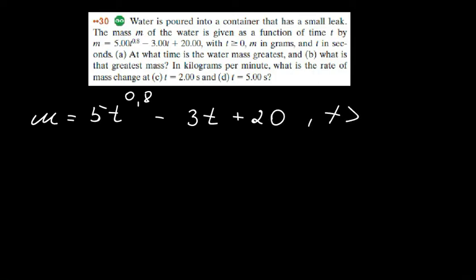Let's consider the following. Water is poured into a container that has a small leak. The mass m of the water is given as a function of time by m equal to 5t to the power of 0.8 minus 3t plus 20, and we know that time is more than or equal to 0.